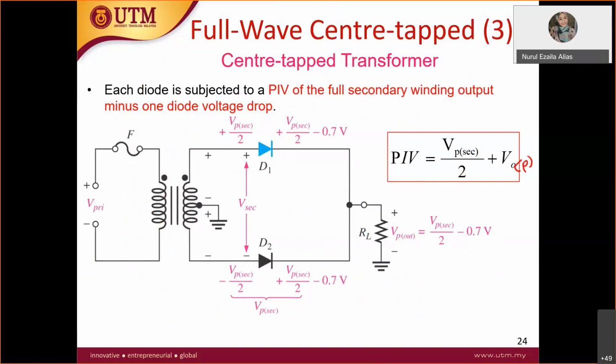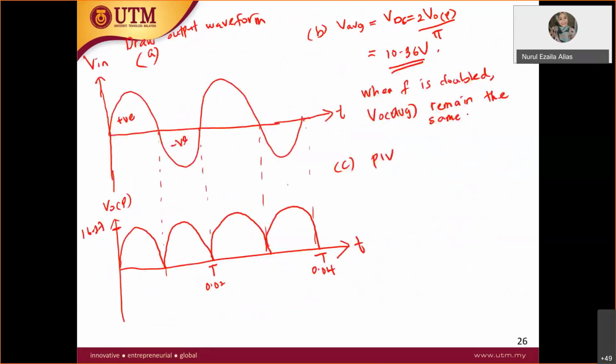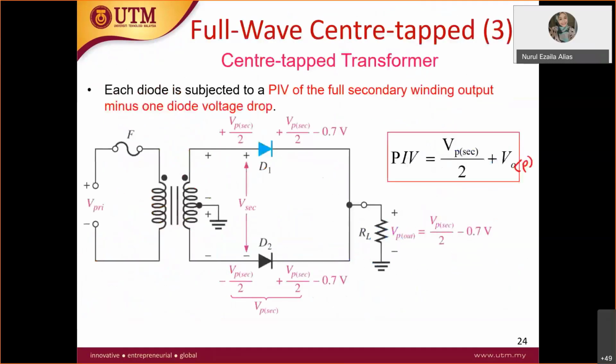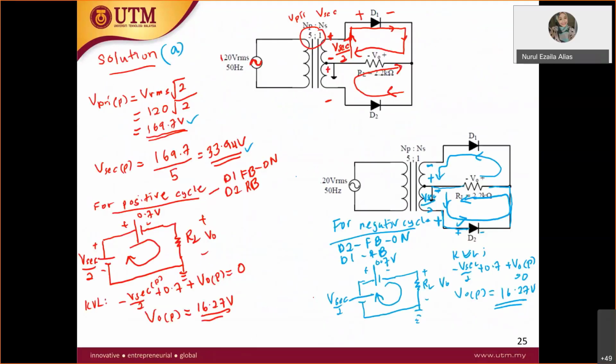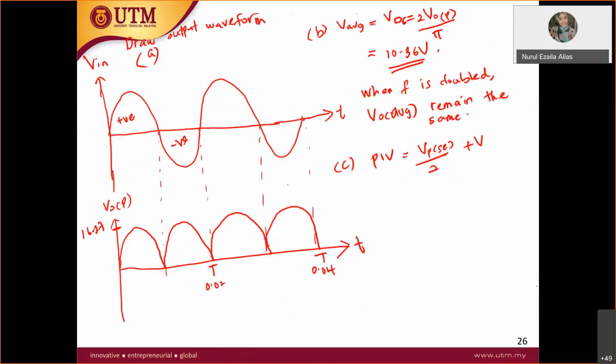This is the peak value, not the DC value. So how much will you get?